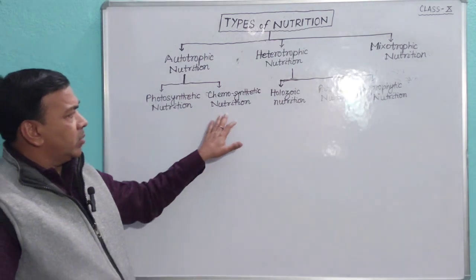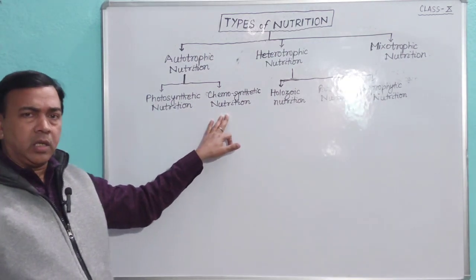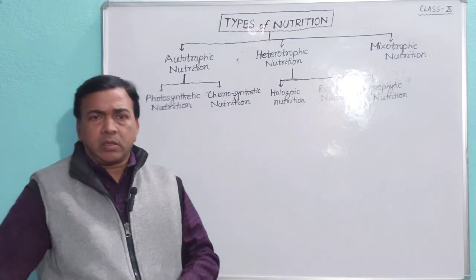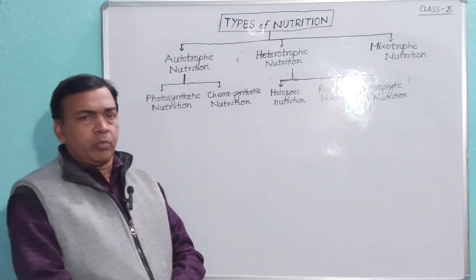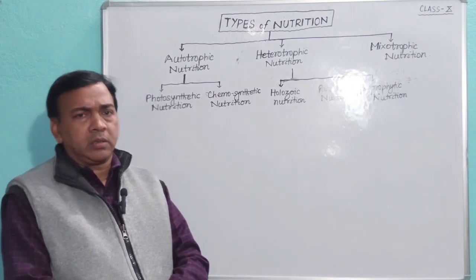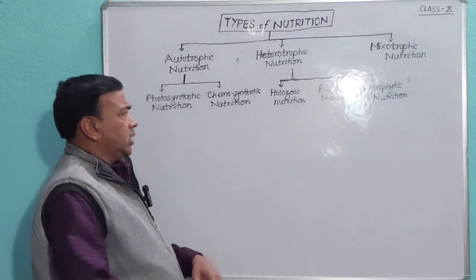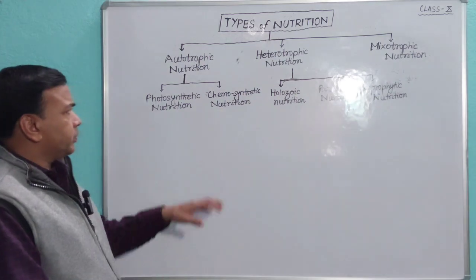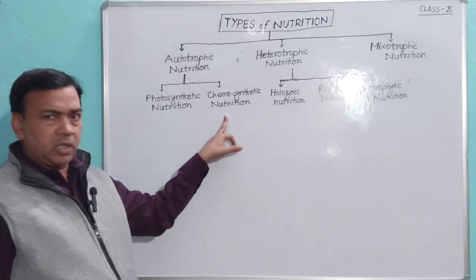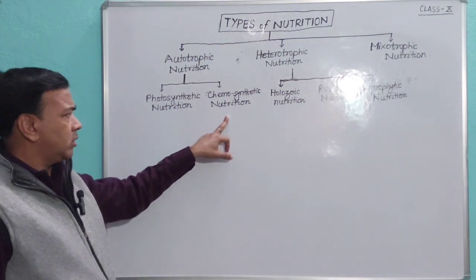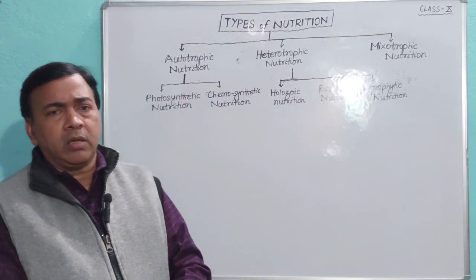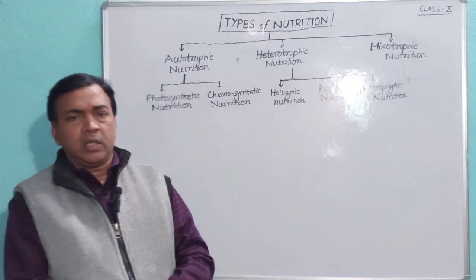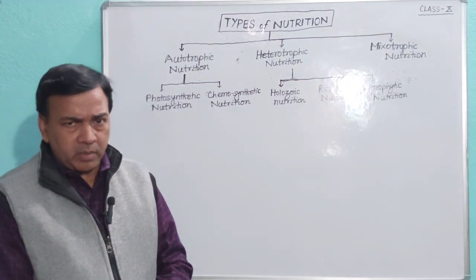So, chemosynthetic nutrition is found in some bacteria and zooplanktons. Most of the zooplanktons show chemosynthetic nutrition. Examples of chemosynthetic nutrition are sulfur bacteria, nitrifying bacteria, and iron bacteria.